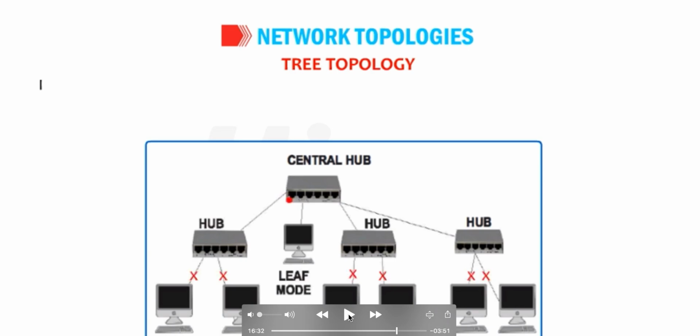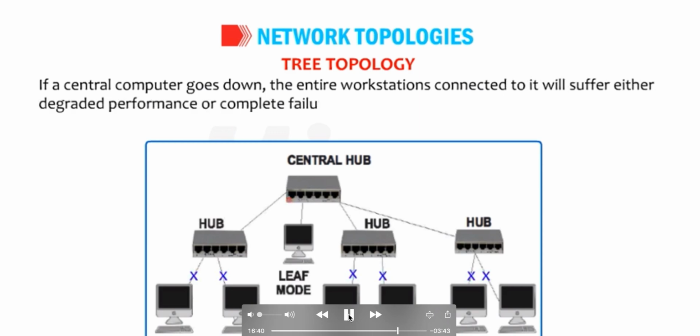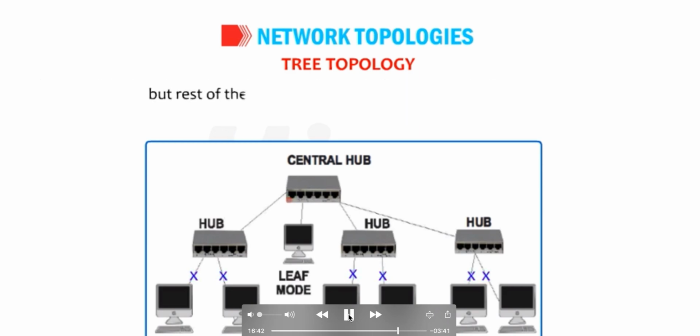Because it is not connected to others, right? It is directly connected to the central hub. If the central computer goes down, the workstations connected to it will suffer either degraded performance or complete failure, but the rest of the network will continue to function normally.